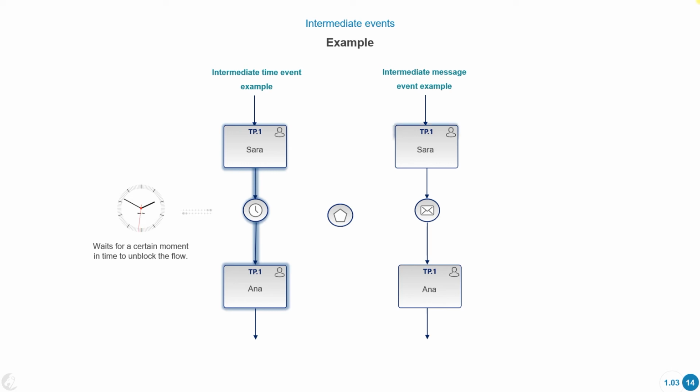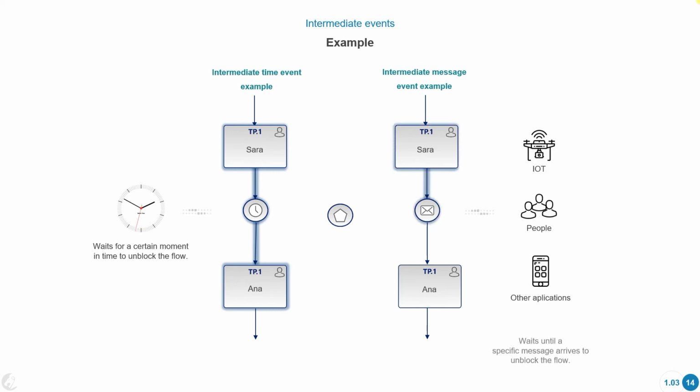Now here we have another task where Sarah finishes performing whatever she had to perform in that task, and the flow goes to this intermediate message event. When the flow arrives at this intermediate message event, it's available for anyone or anything to input data into the system. So let's say there's a drone or there's people or there's other applications that can input data into the system.